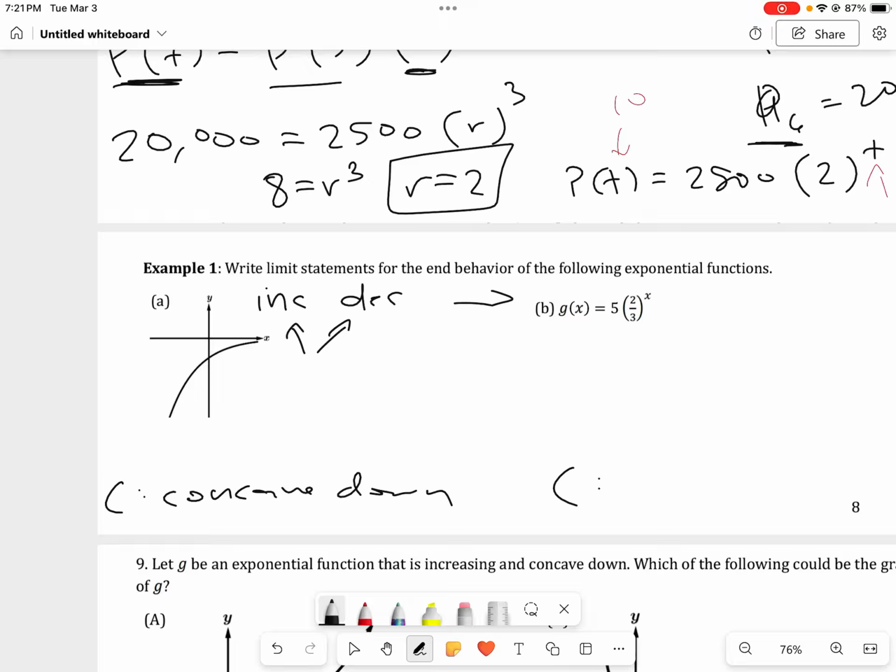For example, if the graph were increasing at an increasing rate, it would look something like, let's see here, I think it would look, no.